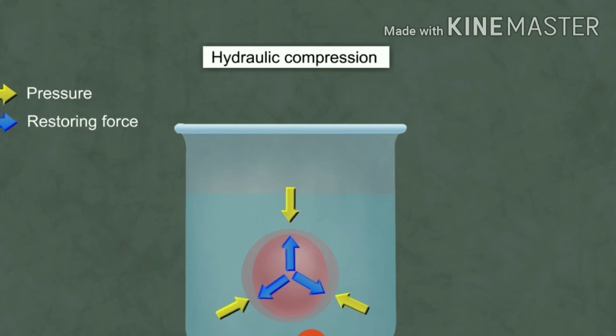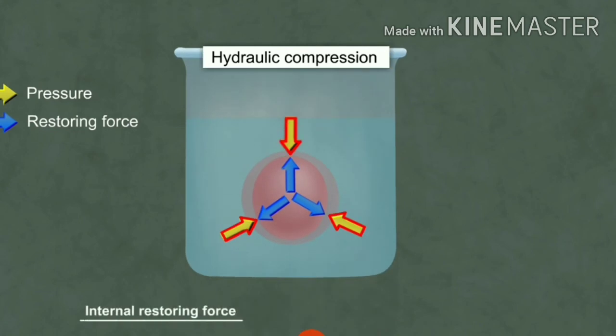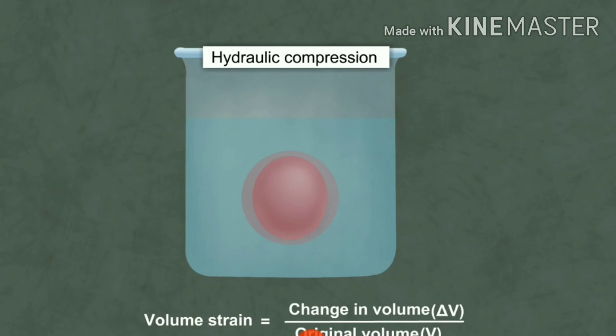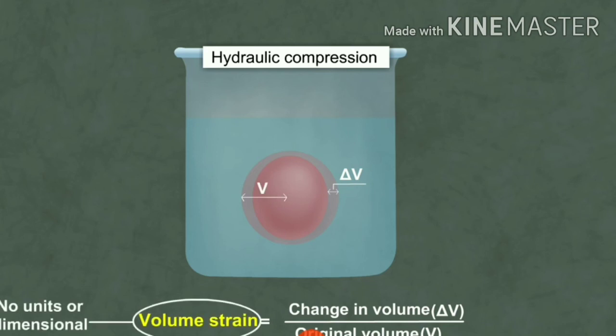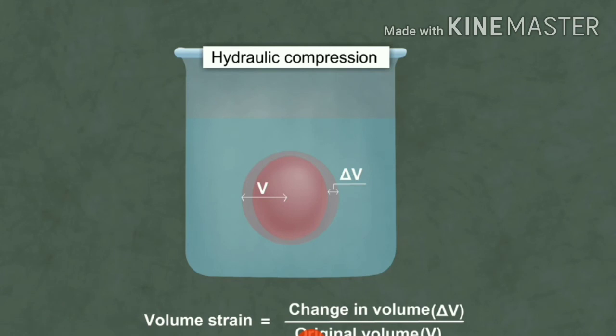The internal restoring force developed in the ball is equal and opposite to the force applied by the fluid. This restoring force per unit area is known as hydraulic stress, and the strain produced in this case is known as the volume strain. Volume strain is equal to the ratio of change in volume delta V to the original volume V, and the volume strain has no units.